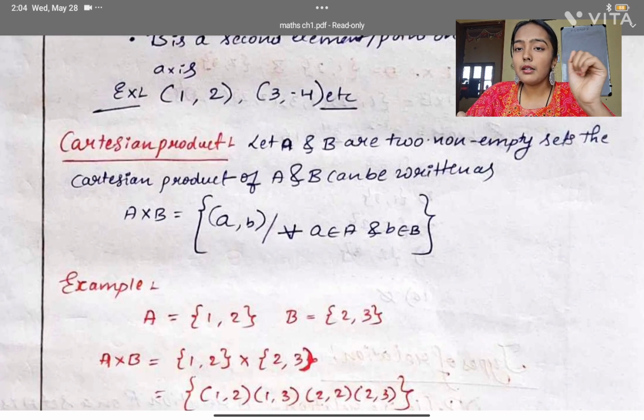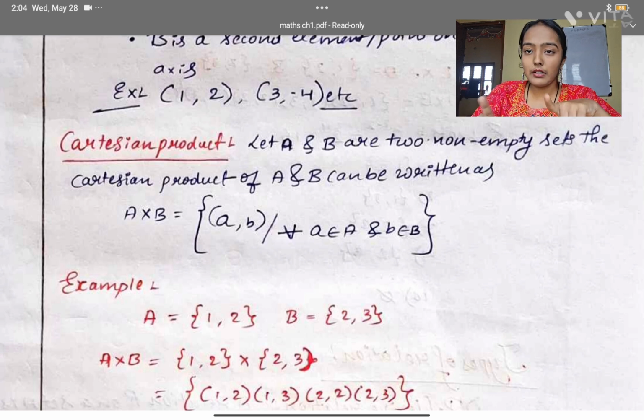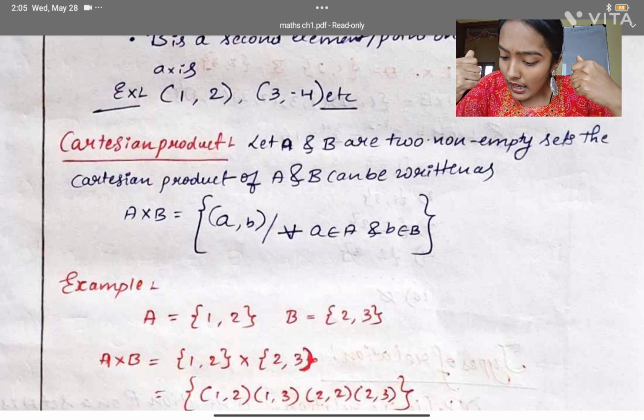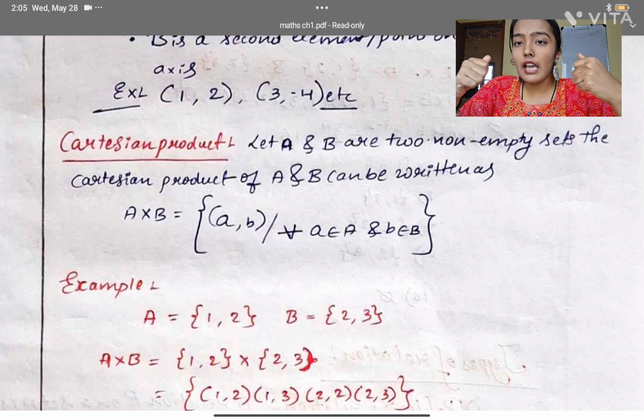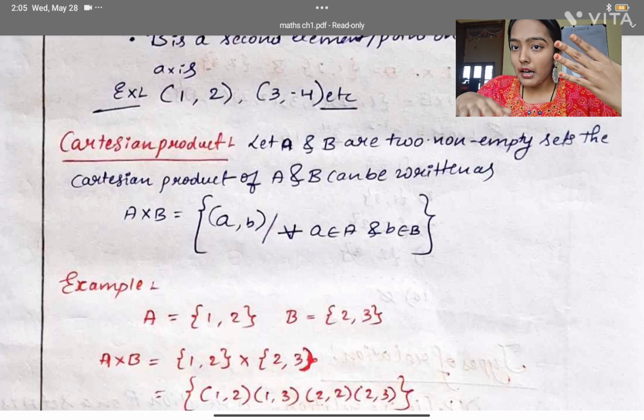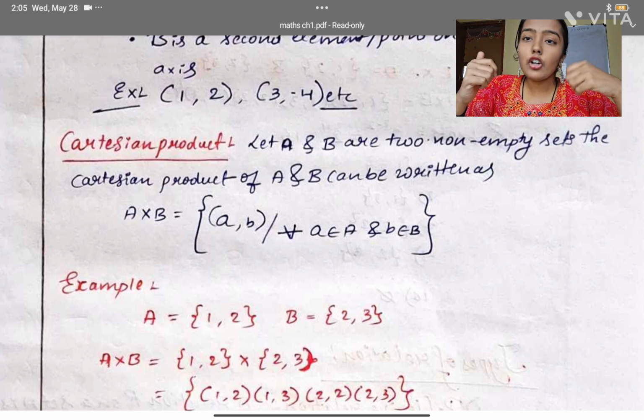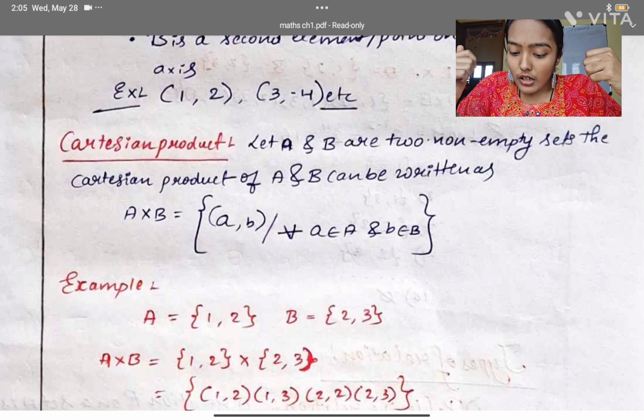In simple words, A and B are two markets, and they have something in them, so they are not empty. Now the Cartesian product of A and B.